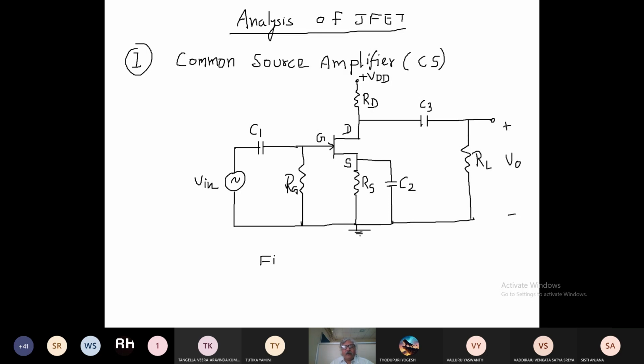So this is my figure number 1, common source JFET amplifier.